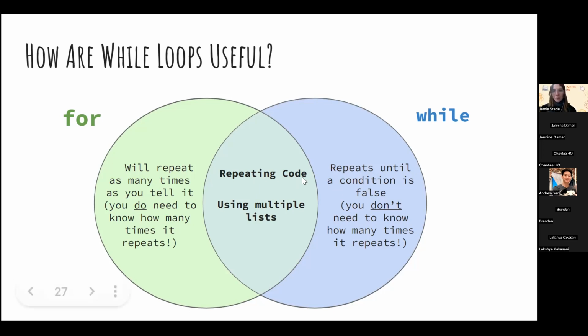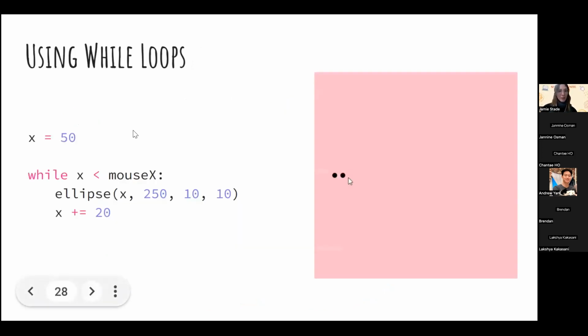And then while loops are good for repeating until a condition is false. In for loops, you do need to know how many times the loop repeats, and in while loops, you don't necessarily need to know how many times it needs to repeat. So that is one of the pros of using while loops, not needing to know how many.